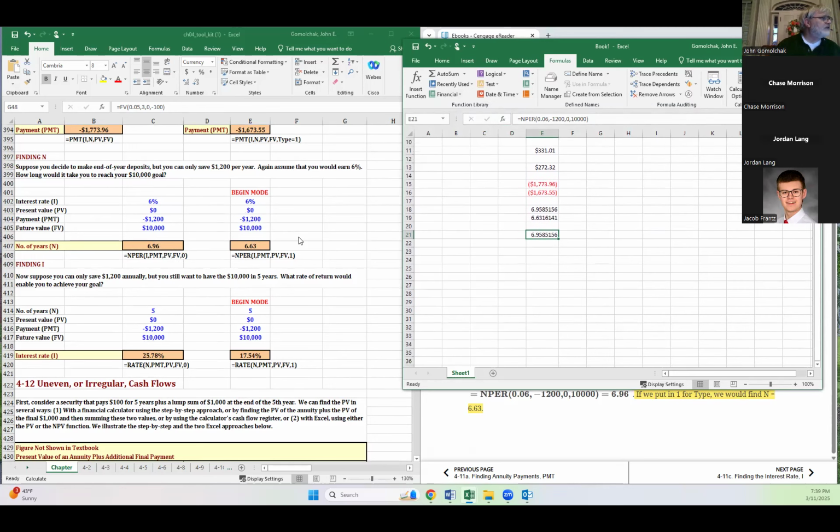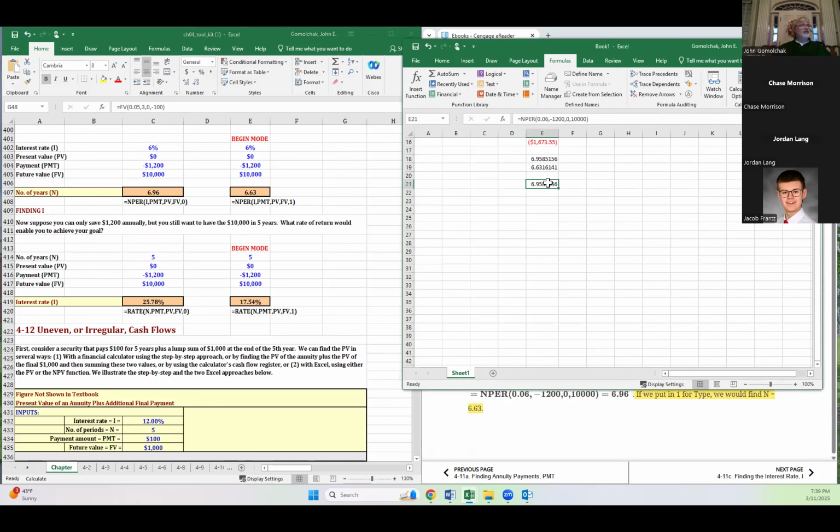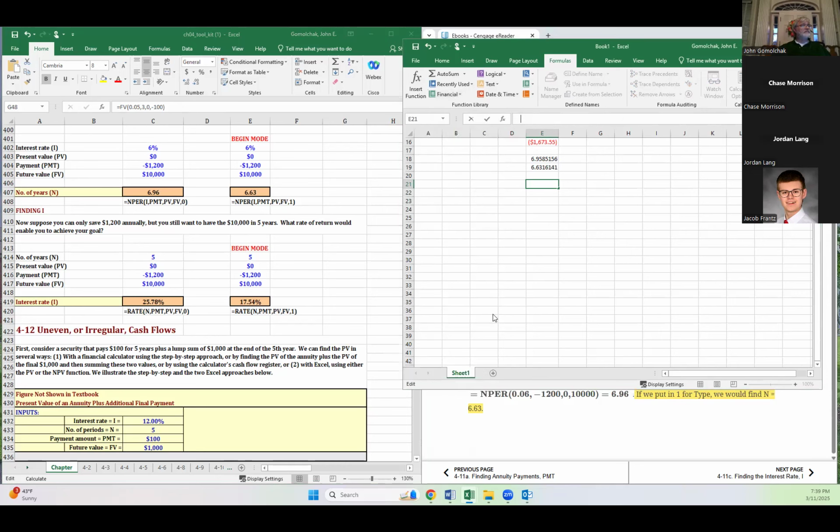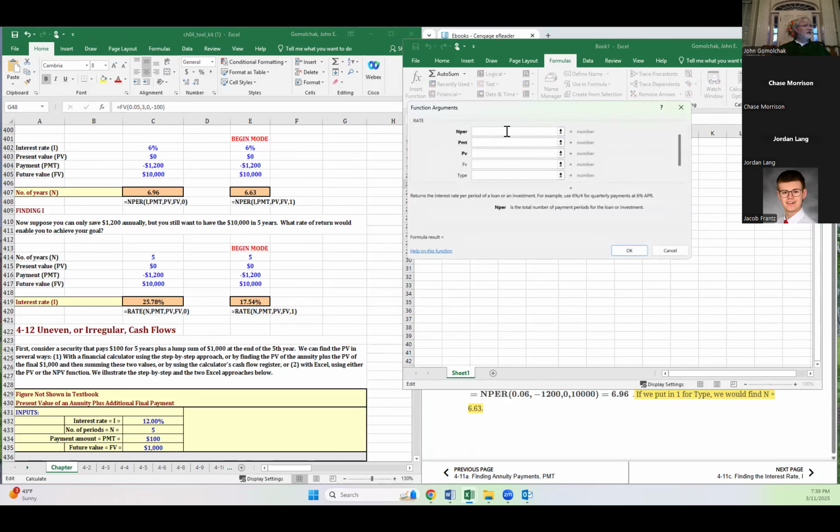Suppose you can only save 1,200 annually, but you still want to have the 10,000 in 5 years. What rate of return? Oh, I did it backwards. Okay. So this one would be rate. Let's change that to rate. What did I do wrong? Rate. Number of periods, 5.